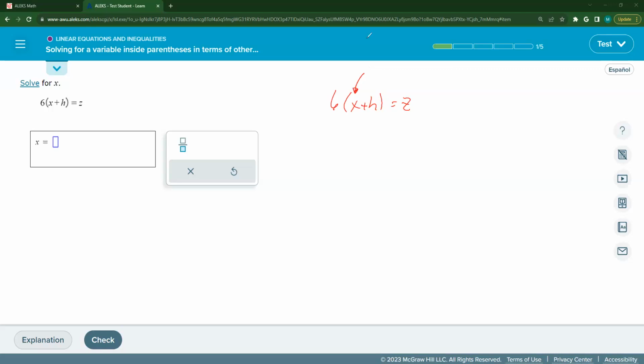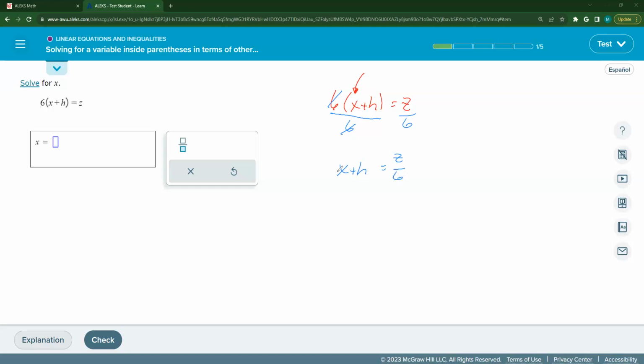Now, I want to get rid of everything that's by that x. If I really think about it, this is one whole term because it's all multiplied together. So the opposite of multiplying, I could start by dividing both sides by 6. That will get rid of this, and I'll have a 6 over here. So that will give me x plus h equals z over 6.